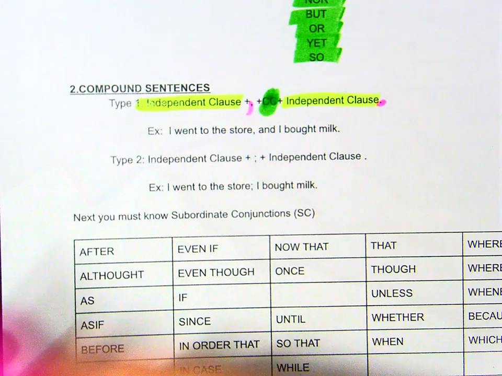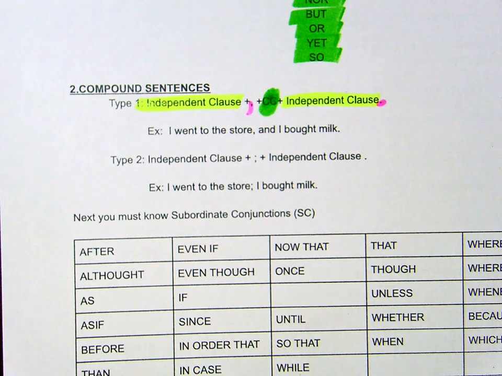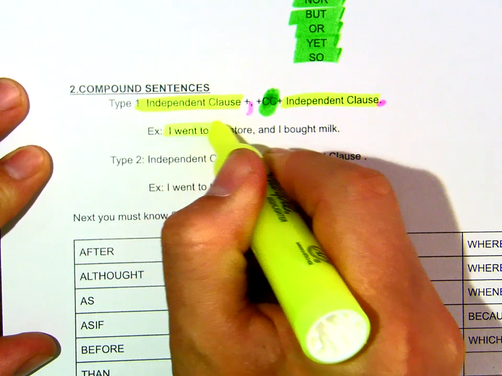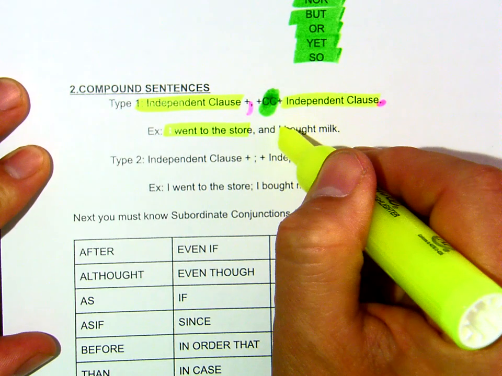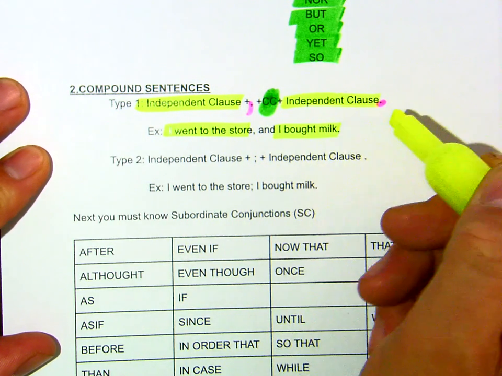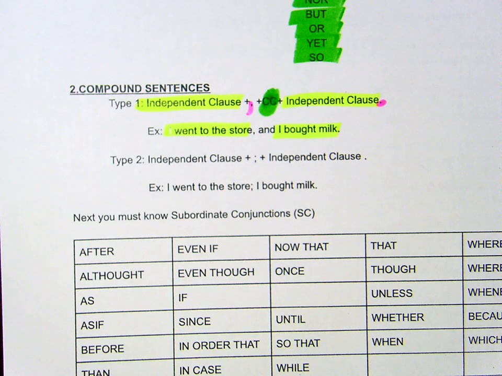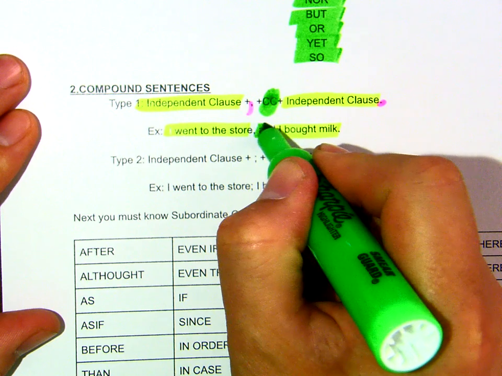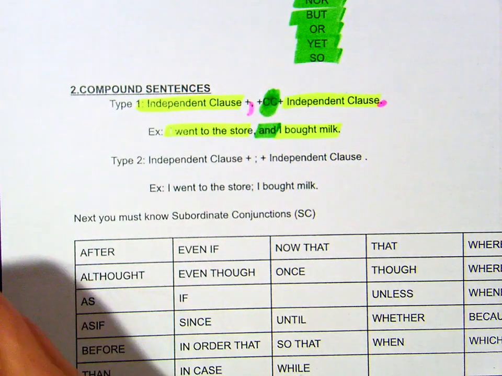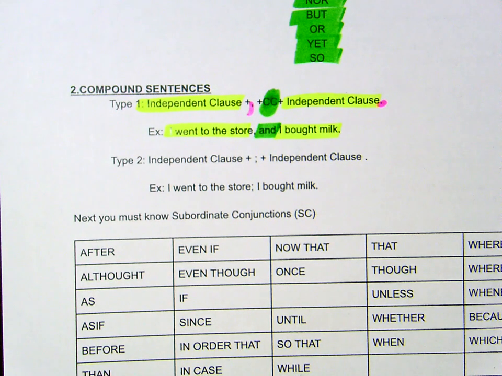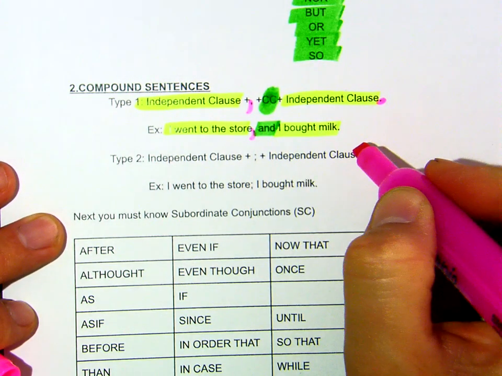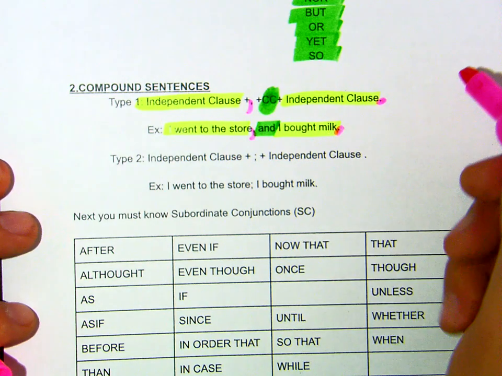Pink is for punctuation. So, for example, if you wrote an actual sentence, you would say, I went to the store and I bought milk. The independent clauses are I went to the store and I bought milk, and the coordinating conjunction linking them is and. You put a comma before and a period at the end.